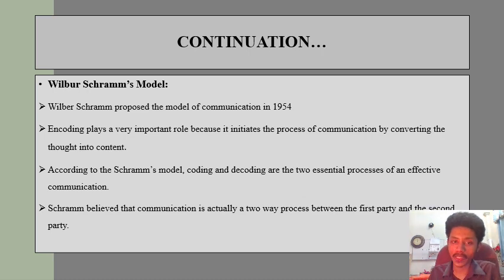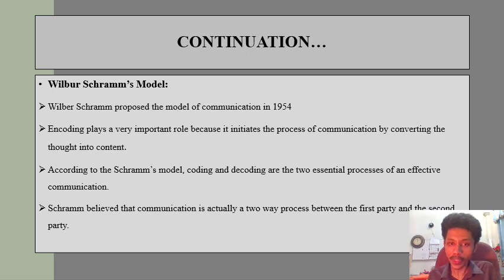According to Schramm's model, whenever the information reaches the recipient, it becomes his responsibility to give feedback and let the sender know if he has understood the message in exactly the same manner the speaker wanted. If he is not clear about anything or has any doubts, it must be cleared with the speaker.